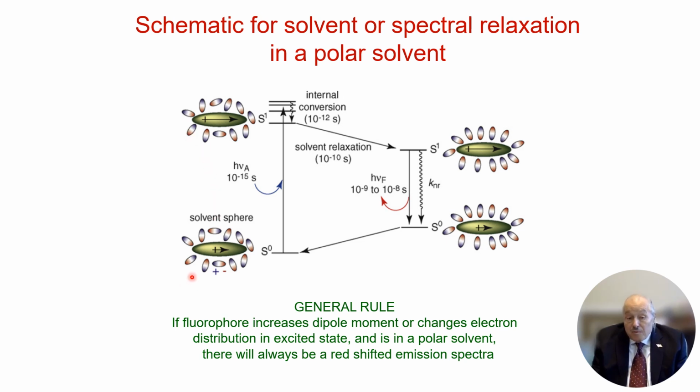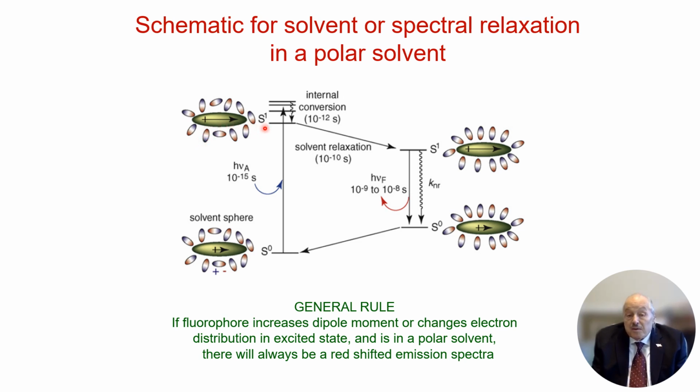So you have a fluorophore in the ground state with a random distribution of solvent molecules around it. They're positive on one side, negative on the other. And when that molecule goes to the excited state, it's an instantaneous transition, and the solvent distribution is exactly the same as it was in the ground state, because there's been no time for anything to happen.